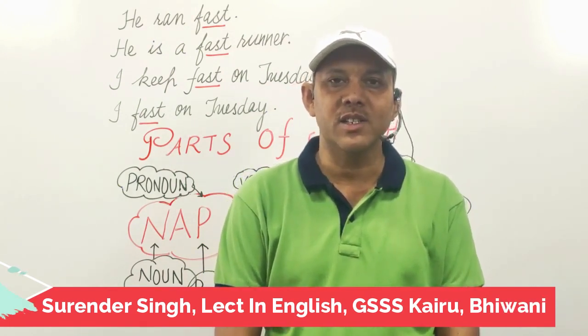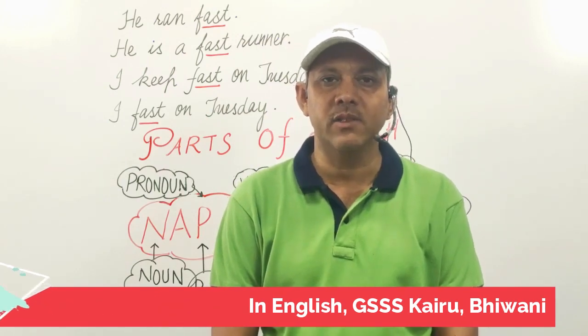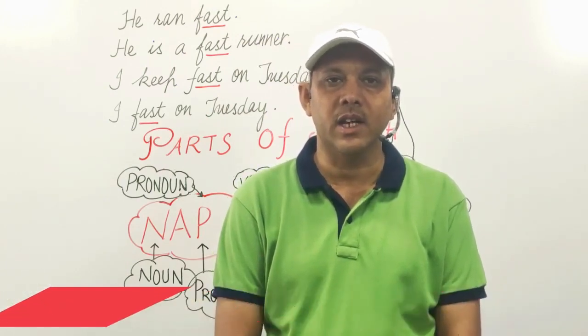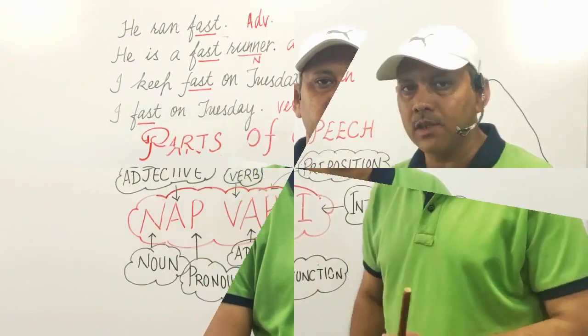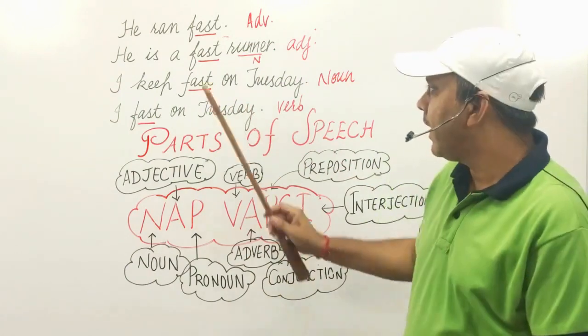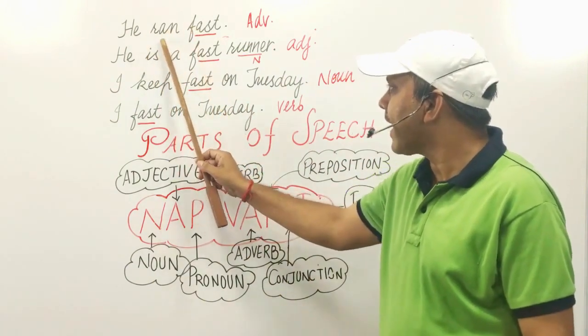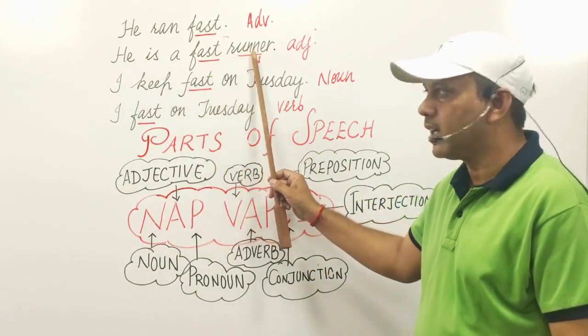Today, we are going to discuss a very basic topic, fundamentals of English grammar: parts of speech. Dear students, I have written 4 sentences on this whiteboard, and these sentences are: He ran fast. He is a fast runner.